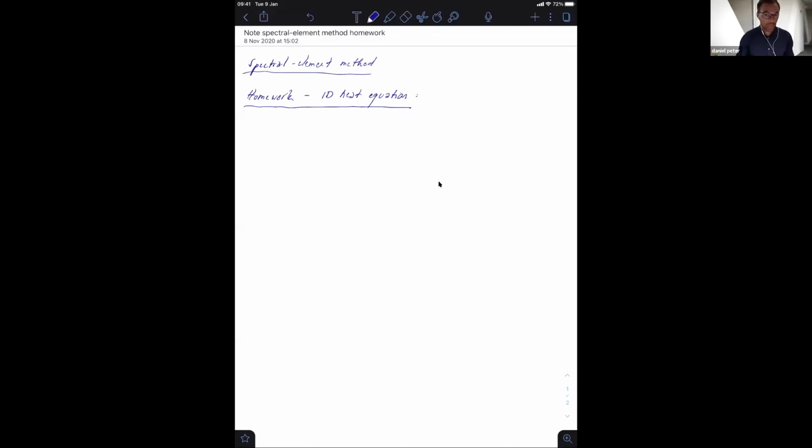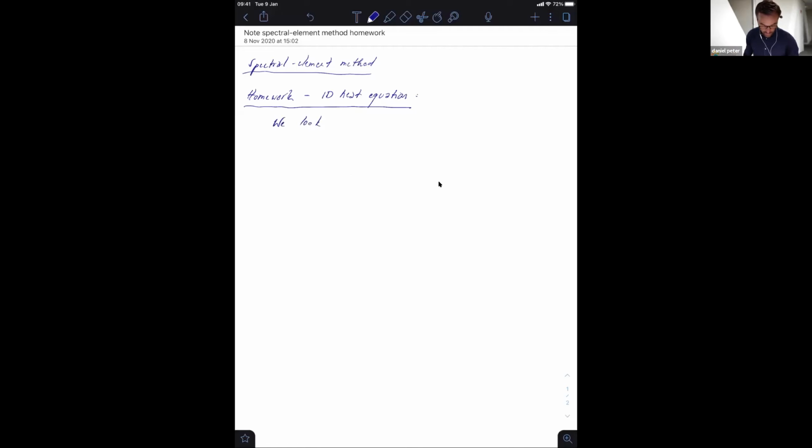So let's see if we get this to run. Good, you should see the notes about our new upcoming homework with the spectral element method. So again, the equation is the same as in homework 6.